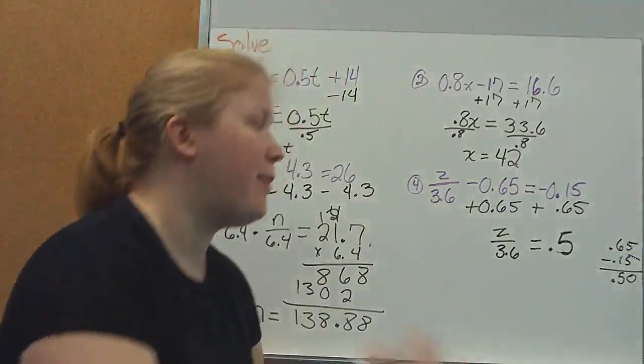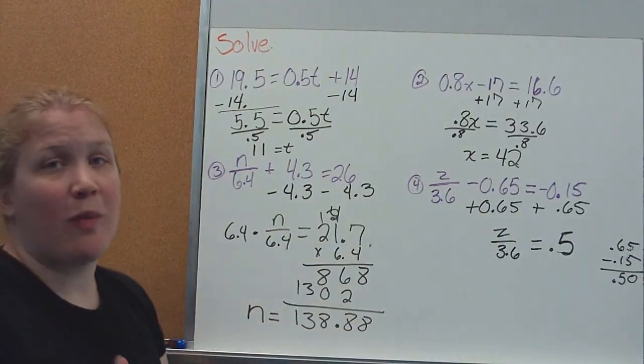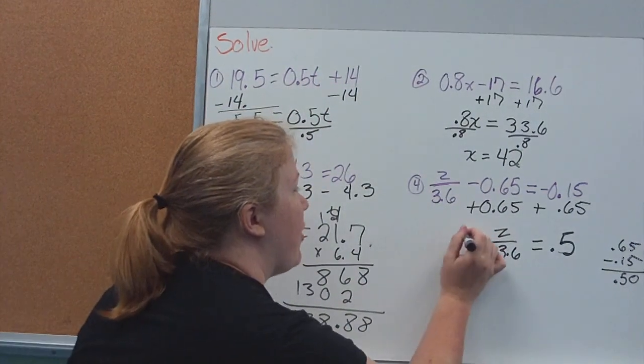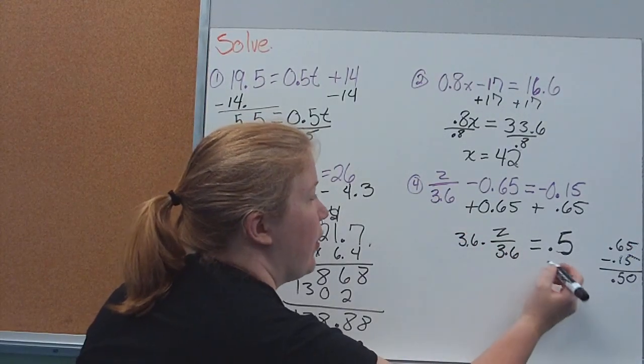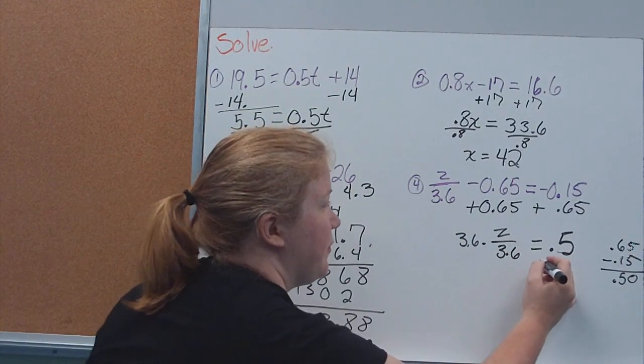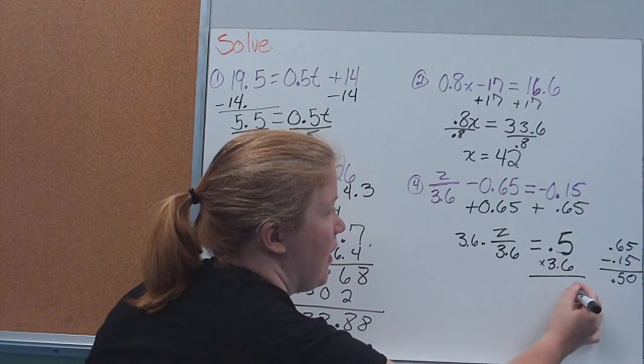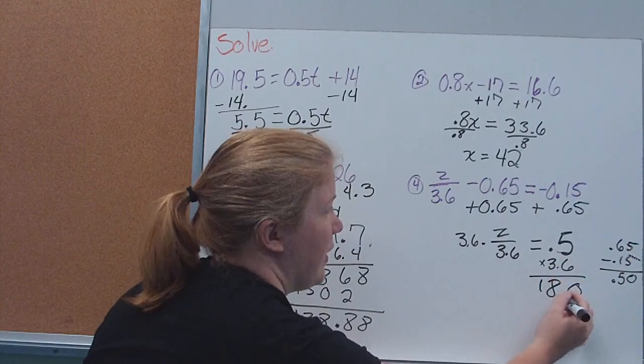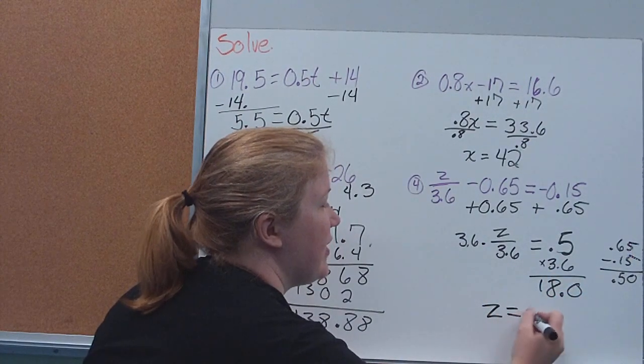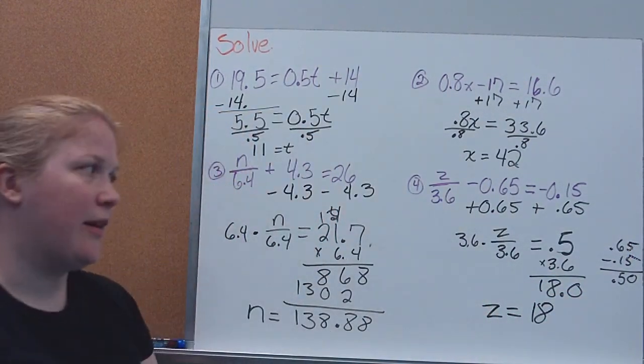So I did my one step, now I'm going to do my second step. I'm going to undo my division. I'm going to undo that by multiplying. Multiply both sides by 3.6. I wind up with z is equal to 18.